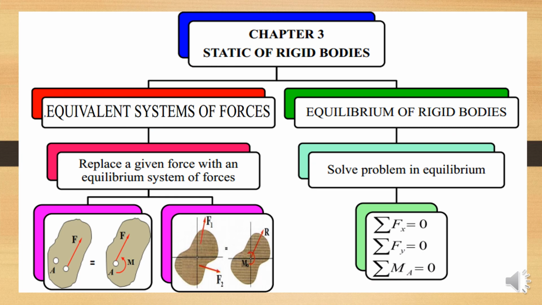In order to summarize the chapter, as I mentioned just now, the topic is divided into two main parts, which are equivalent system of forces and equilibrium of rigid bodies. Let's take a look at the first one first, the equivalent system of forces.